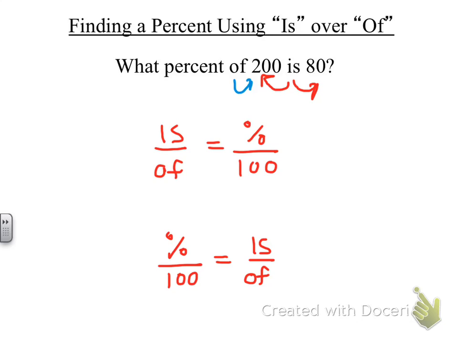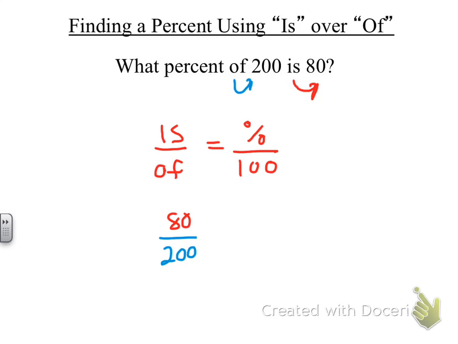Does that make sense? So if I'm doing this, I'm going to put my 200 where the of is. Now, if the of is 200, what number must the is be? 80. So I'm going to put my 80. And then I've got my what percent is n, every percent over 100.